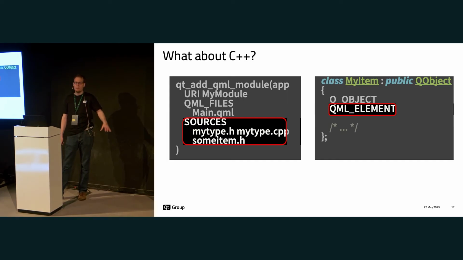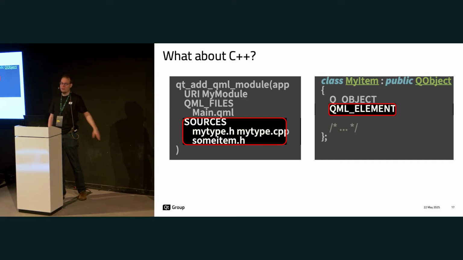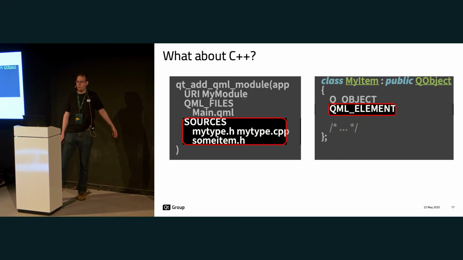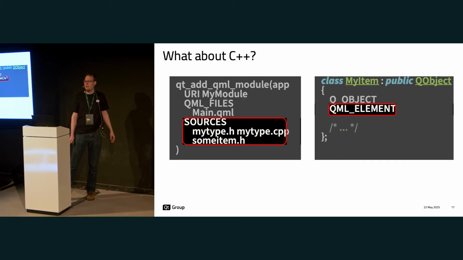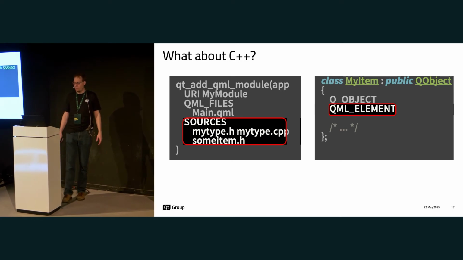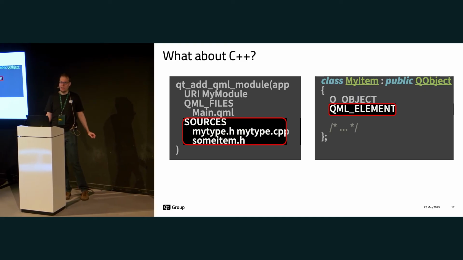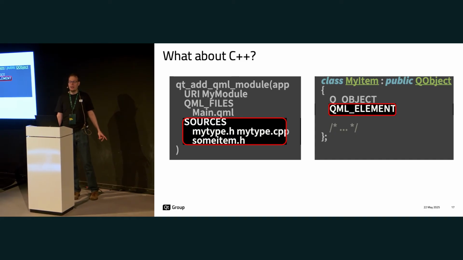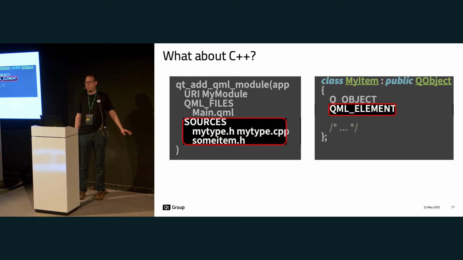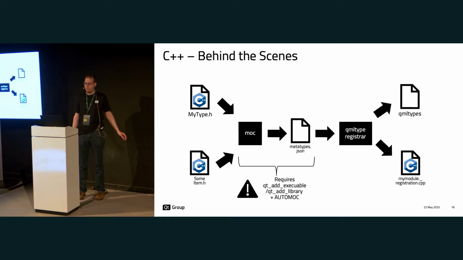I'm not going into type registration in C++. There is a talk from Ulf from, I believe, 5 years ago by now. It changed a bit, but basically the idea still stands. You just add that kind of macro to your files, and we will pick it up and expose it to QML.